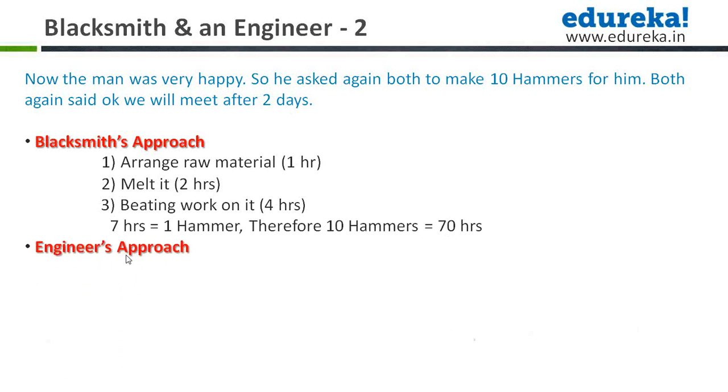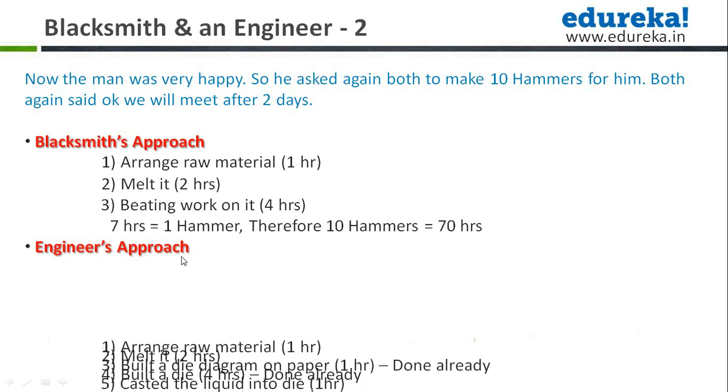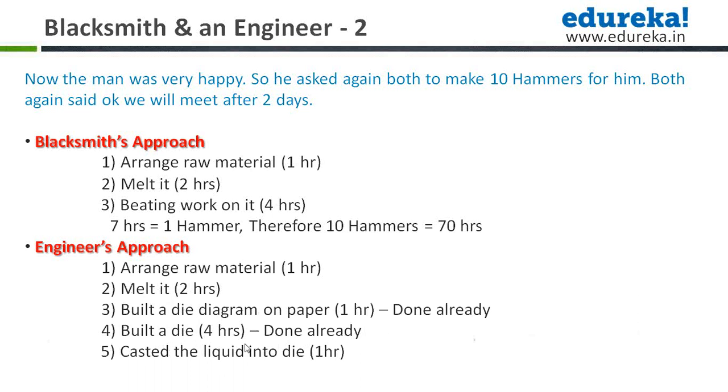Now the engineer's approach: since he already built the die and the die diagram, he took 1 hour for raw material, 2 hours for melting, and 1 hour for casting into the die. So for 10 hammers he'll take 10 into 4 hours, that equals 40 hours.